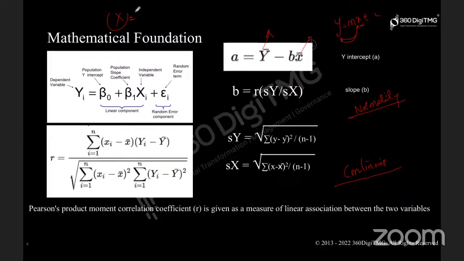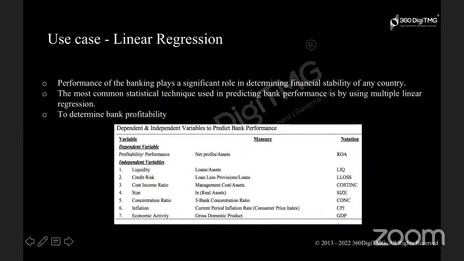Whether you take any asset, we have written the output here. So to determine bank profitability, I can take all these measures into consideration. Dependent variable happens to be my y, and independent variables happen to be 1, 2, 3, 4, 5. Either I can take all of them, or I can take only one variable.